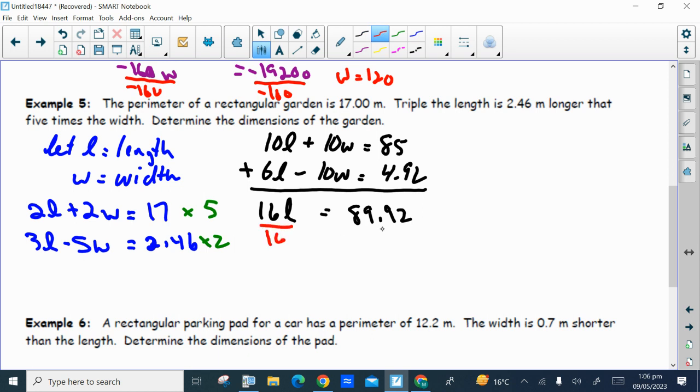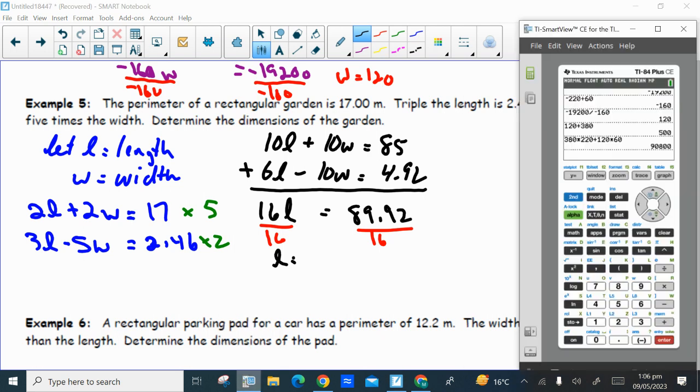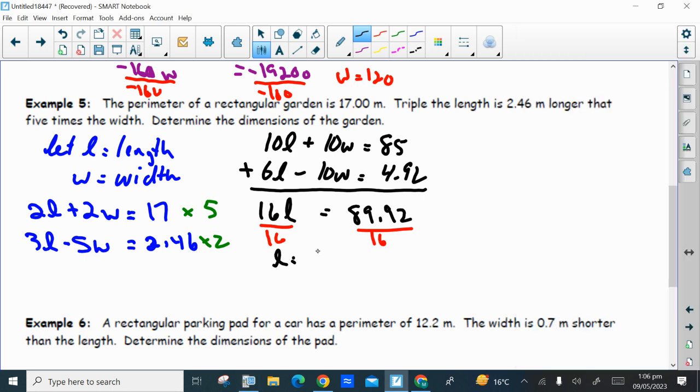Divide both sides by 16 to get L. And that gives us L, 5.62, which would be in meters because that's the unit on the perimeter.